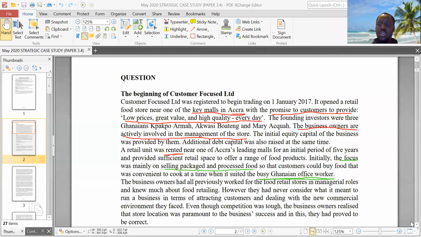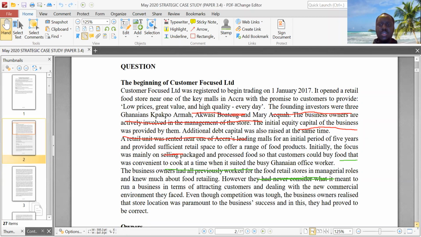Okay, so we are moving on to the next sentence, which I would like you to take note of. It says the business owners had all previously worked for the food retail stores in managerial roles and knew much about food retailing.